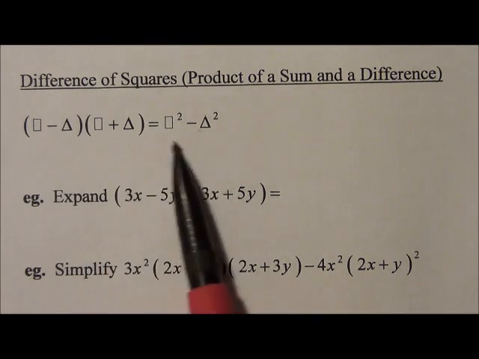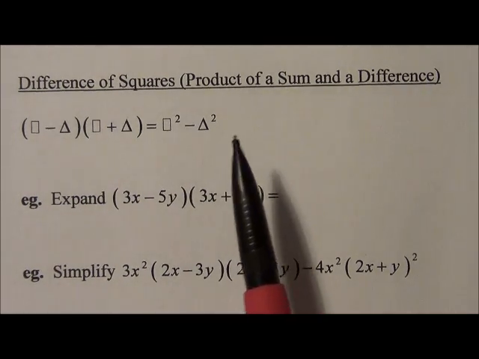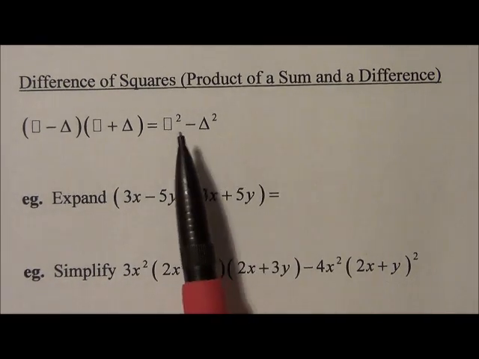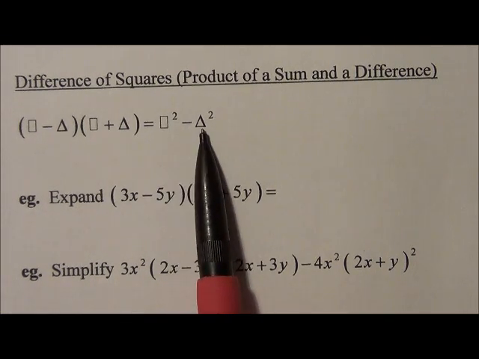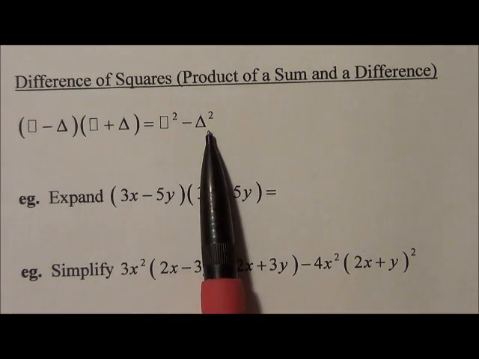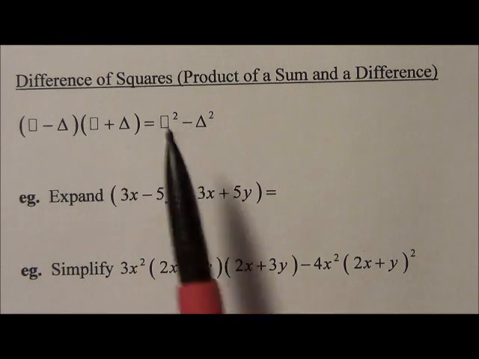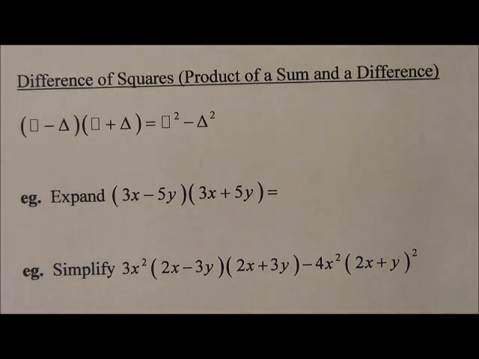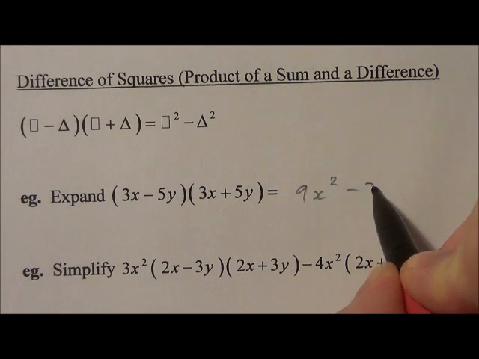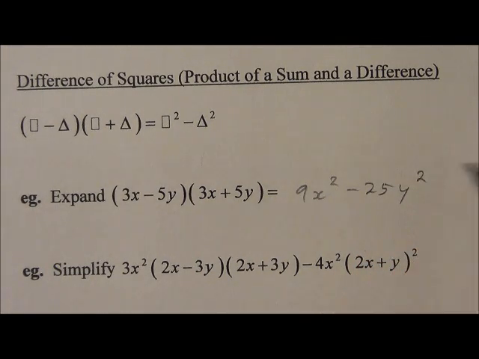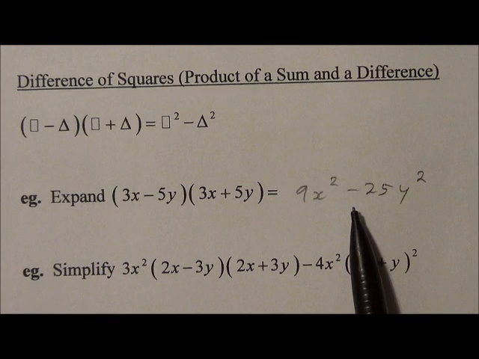Those two terms cancel, so we're just left with two terms. That middle term would drop out, and so this is a difference of squares, because both the first and the second term are squared, and there's a difference or a subtraction in the middle. Okay, so let's just work that out, please. Okay, so just work out like that.